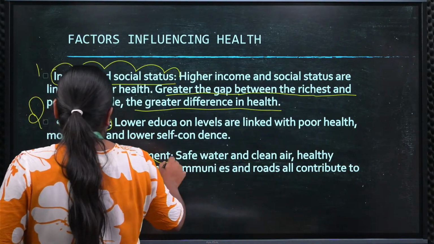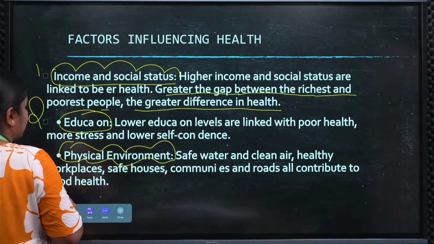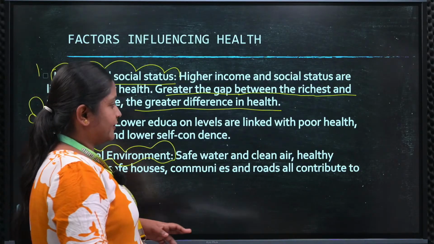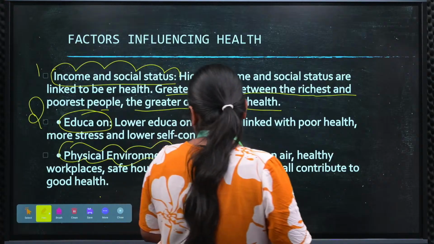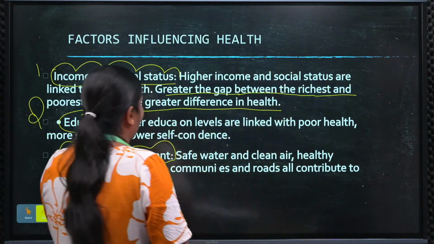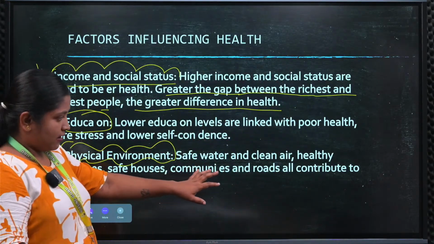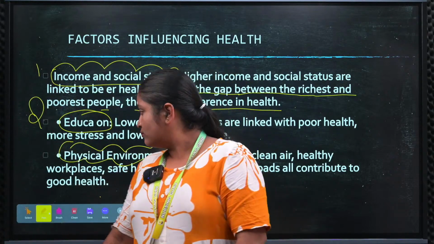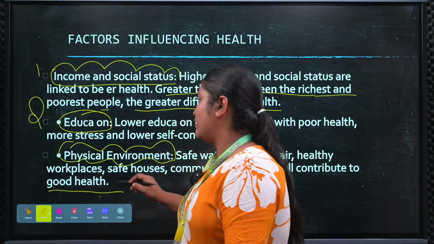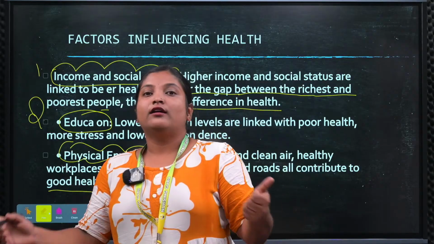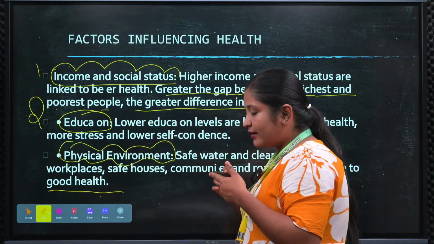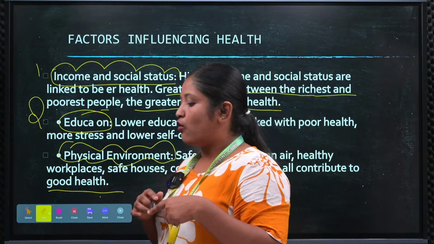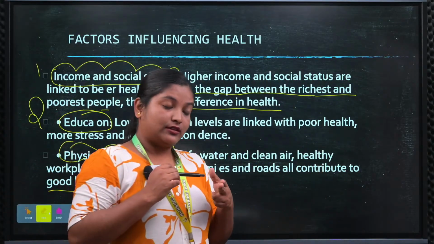The physical environment is that safe water and clean air, healthy workplaces, safe houses, communities and roads all contribute to good health. Okay, so maintaining proper potable drinking water in your home and cleanliness is very important.